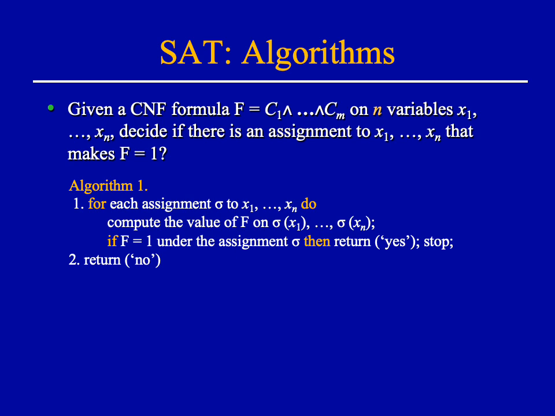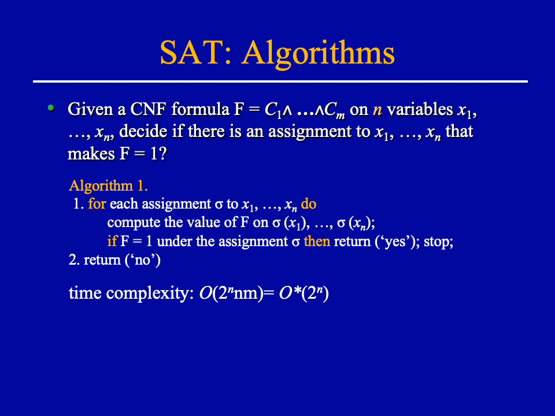And for each assignment, you evaluate the formula and see if the assignment makes the formula equal to 1. Of course, if any of those assignments makes the formula equal to 1, then the answer to the instance should be yes. On the other hand, if all assignments do not make the formula have a value 1, then of course the answer to the instance should be no. So this is very simple, right?